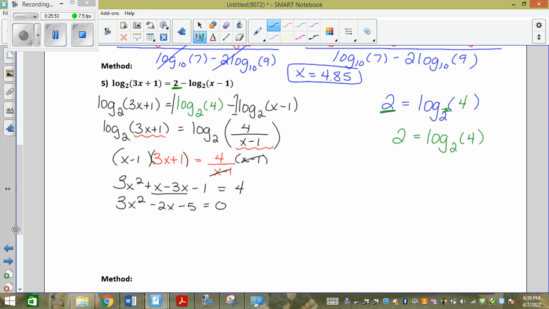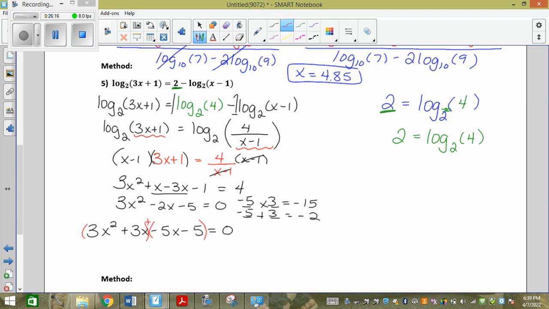And then I have what multiplies to give me negative 15 and adds to give me negative 2. What times what equals negative 15? What plus what equals negative 2? It's going to be negative 5 and positive 3. And 3 would go better with 3, so I'm going to go 3x squared plus 3x minus 5x minus 5 equals 0.